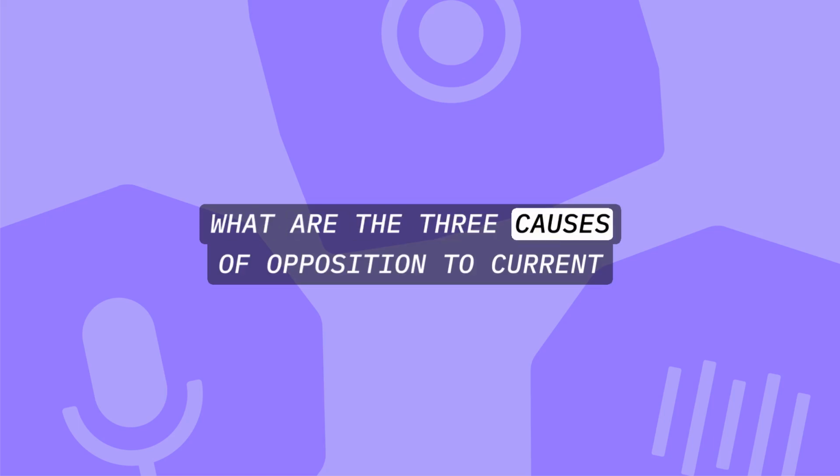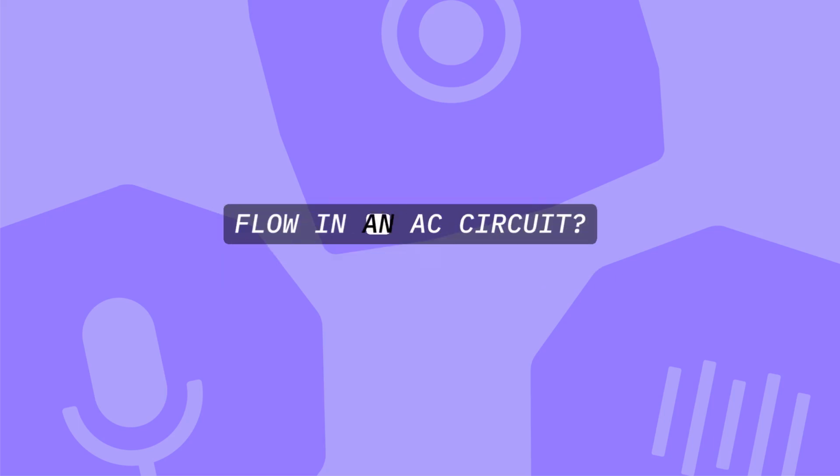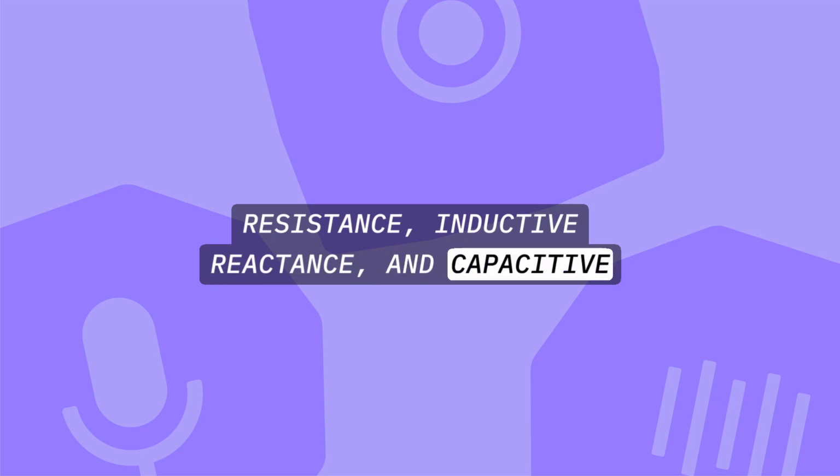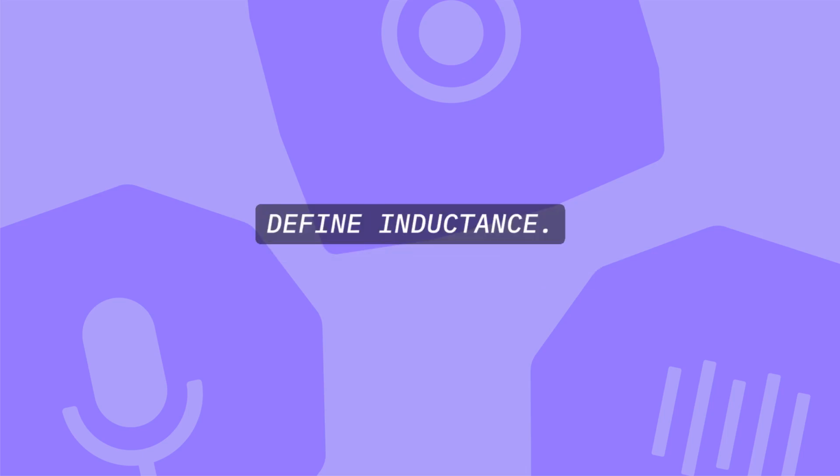What are the three causes of opposition to current flow in an AC circuit? Resistance, inductive reactance, and capacitive reactance. Define inductance.